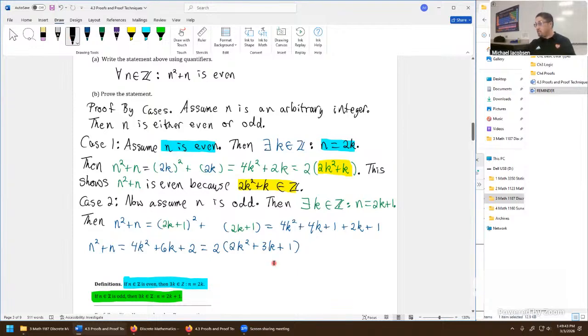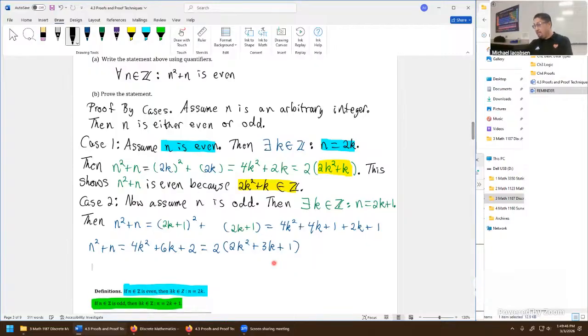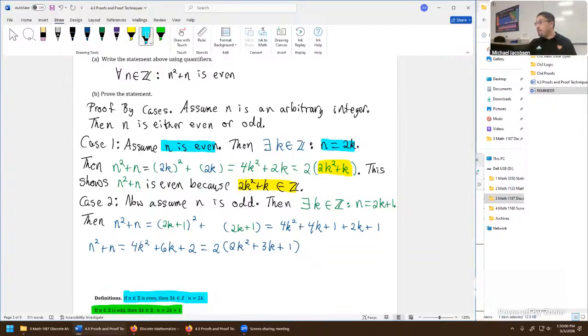Okay, so once you get to this step, there's different routes you can go. You can redefine this as, say, maybe uppercase K, assert that it's definitely an integer. Then you have that the n squared plus n portion right here comes out as even, which is the major conclusion we were trying to land on both of the cases at the same time.